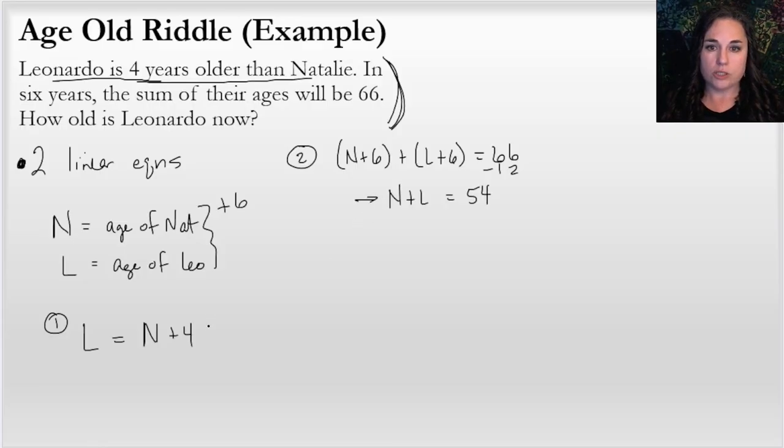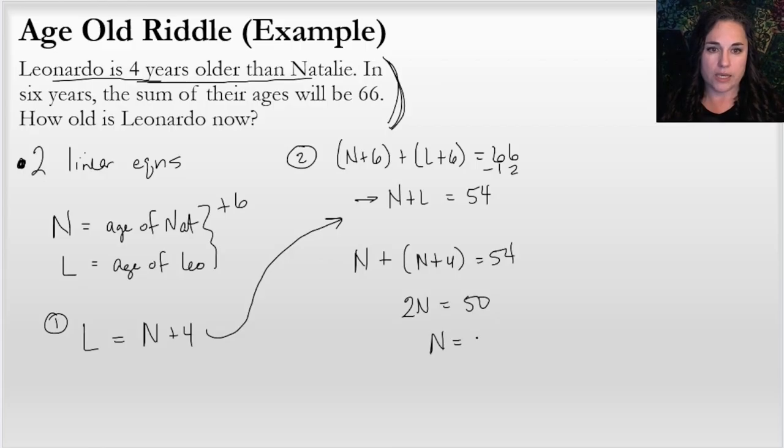I'm going to do a substitution method in order to solve. Wherever L is in the other equation, I'm going to plug in n plus 4. So Natalie plus Natalie plus 4 equals 54. 2 times Natalie will equal 50, and Natalie's age is 25.